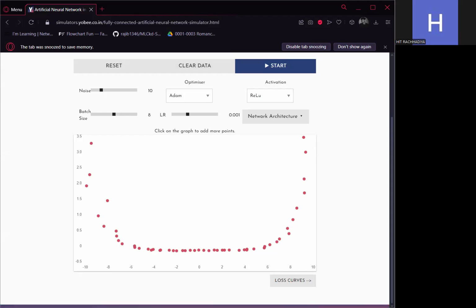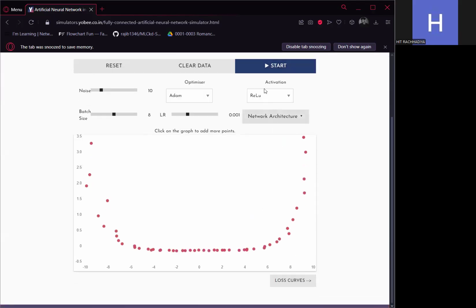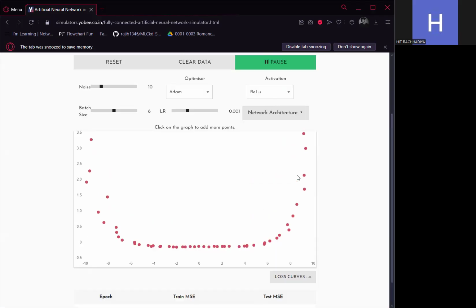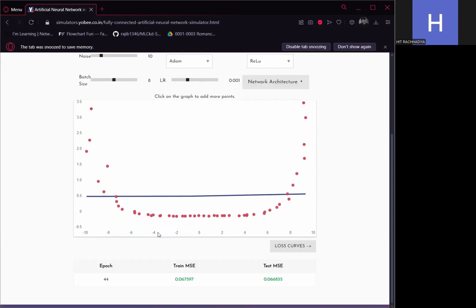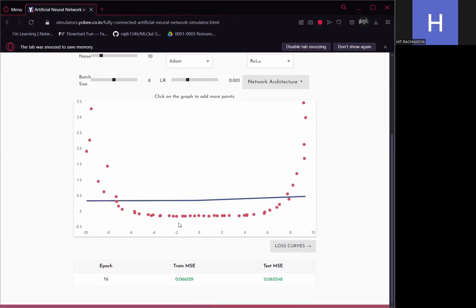These are all the parameters for regression purposes also. Now let's start the simulation. When we start it, you can see the best fit line is generated. This will also take a lot of time.